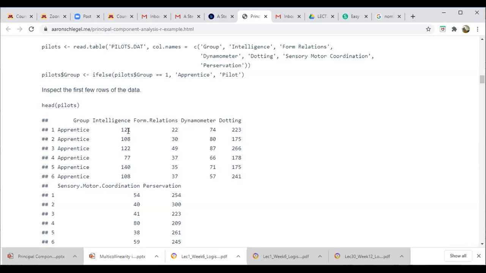Number one, it can be used to convert predictor variables that are correlated in a multiple linear regression. And not only that, it also does the job of reducing the dimension of the data set.